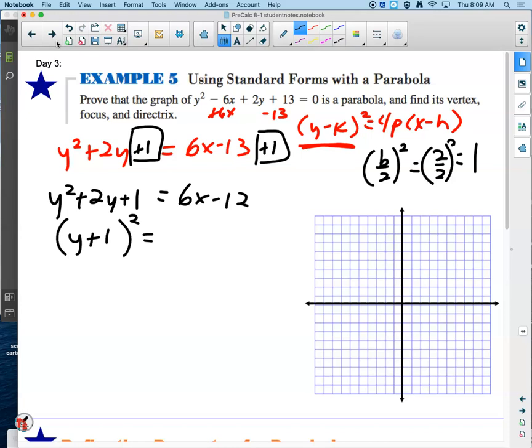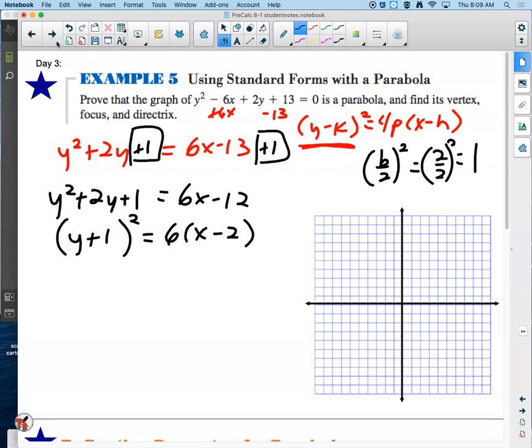On the other side, I'm supposed to have some number and then something about the x's. And so I realized, well, this is a great example for that one because I can pull 6 out of both of these. I can factor that out. So again, our 4p is a number that's going to sit in front of those parentheses. Well, now, that looks like a parabola.